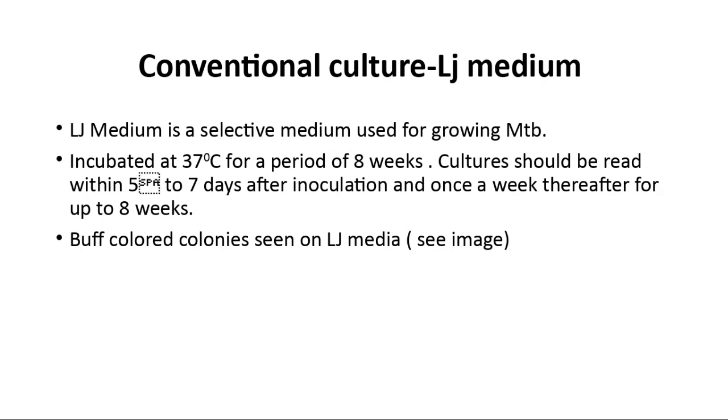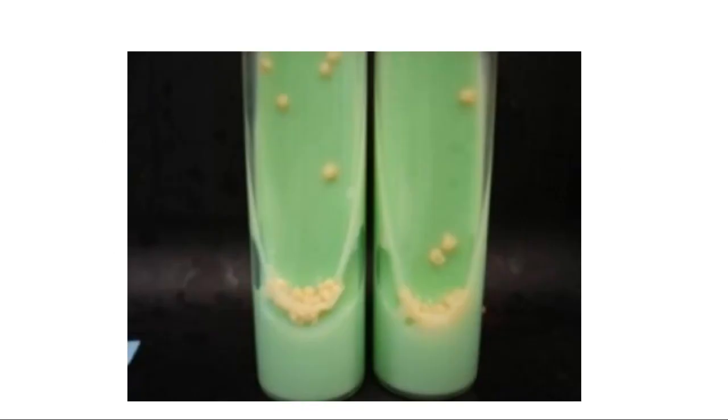If growth is present, it looks like buff colonies on the LJ medium, mostly on the slant in the test tube. These buff colonies confirm the presence of acid-fast bacilli, which most of the time is Mycobacterium tuberculosis. Clear?